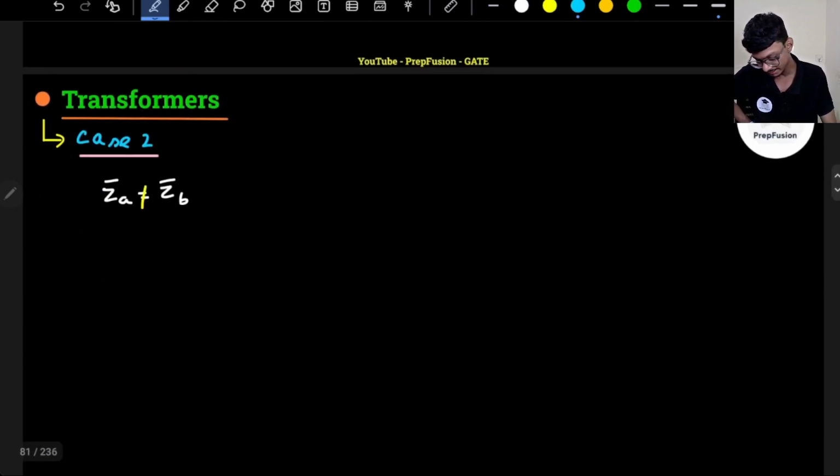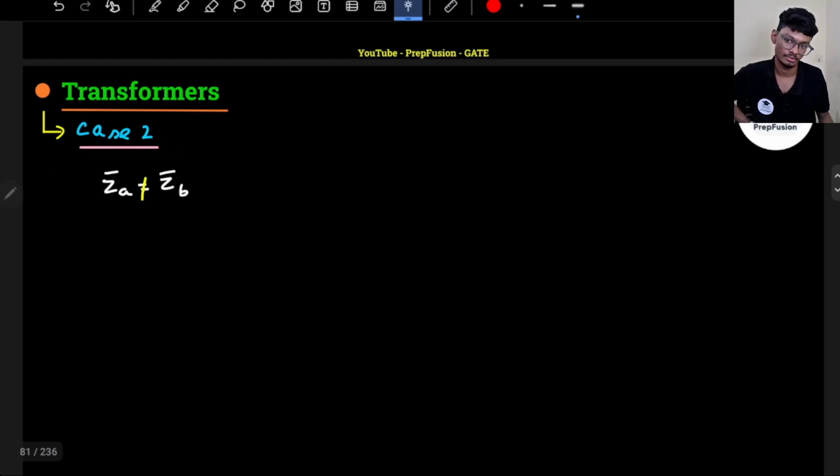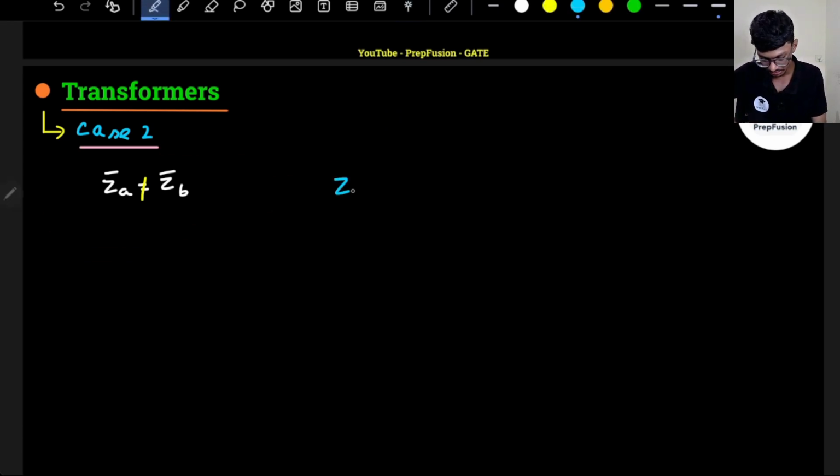Okay, and here in case 2, if both of them are not equal, then they will obviously not share the load equally. Let's assume that the magnitude of ZA is greater than the magnitude of ZB, then what will happen? Basically in the same equation, the magnitude of SB will be greater than the magnitude of SA.